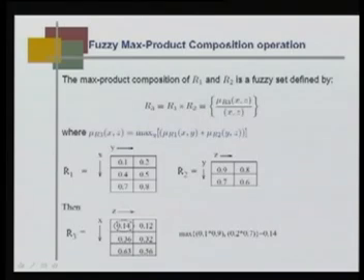Now, again the same example we have taken, R1, R2 and R3. I want to find out from R1 and R2 what R3 is using max product composition. So, I do the same thing again. Let us say this is x1, x2, x3, z1, z2, and this is x1, x2, x3.